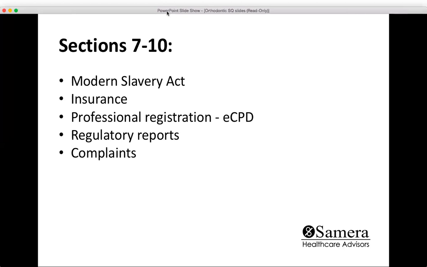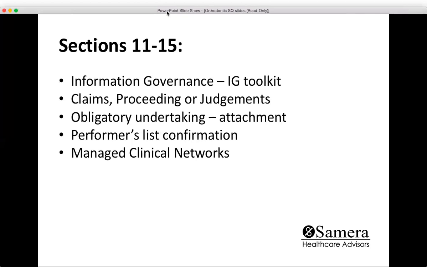Okay. So final sections are sections 11 to 15. Information governance. This is to ensure that you are actually aware of information governance, that you are registered with the IG toolkit, and they expect you to be registered up to level 2 with an action plan on how you're going to achieve level 3.